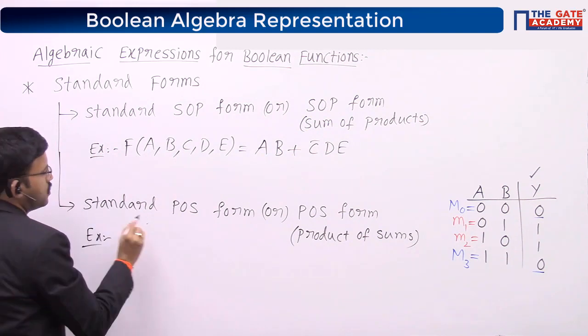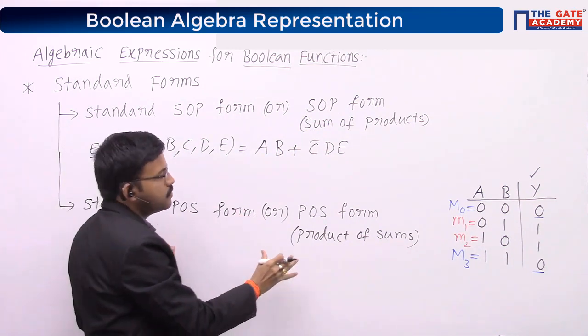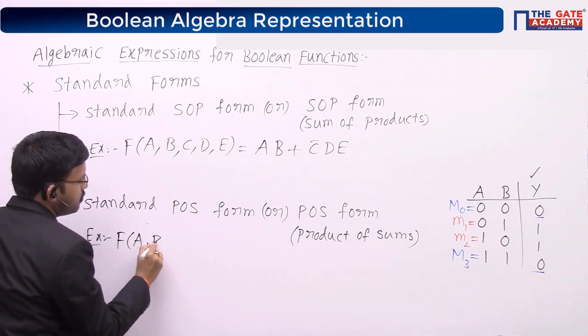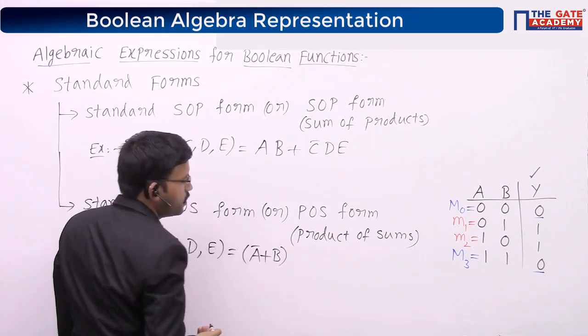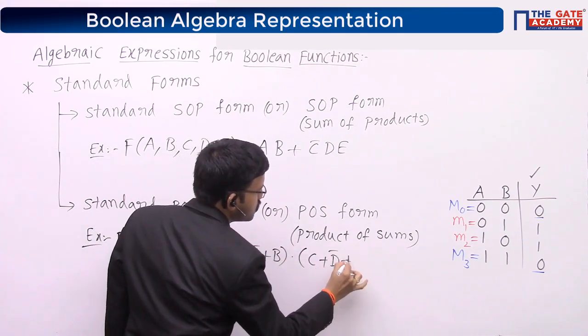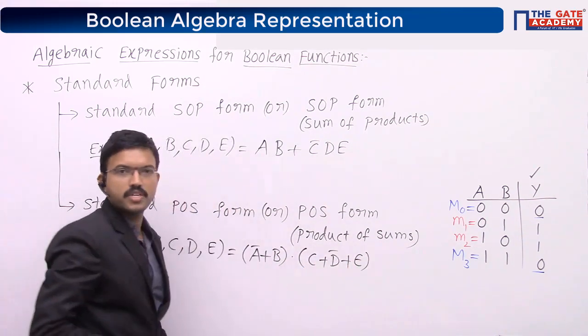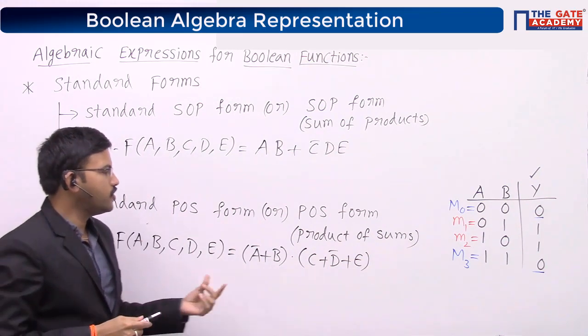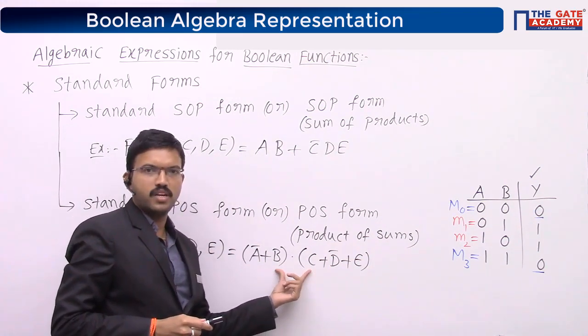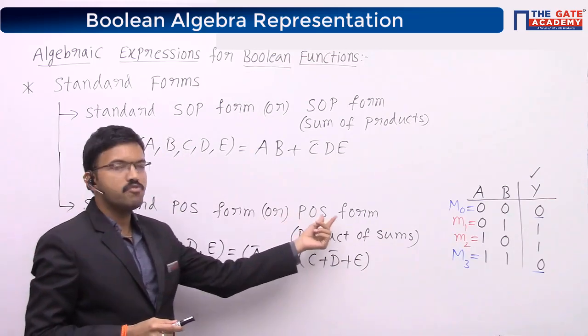Similarly here, standard POS form or simply POS, that is product of sums. For example, f of a, b, c, d, e equal to (a bar plus b) and (c plus d bar plus c). For the time being, I am considering the function like this. Here if you observe, I am having two sum terms which are product together, right? So that's why it is POS form.